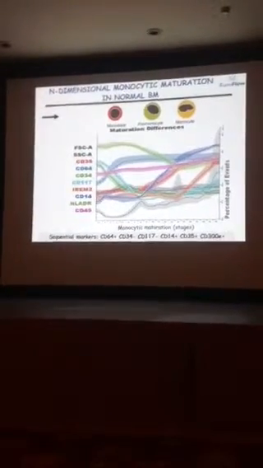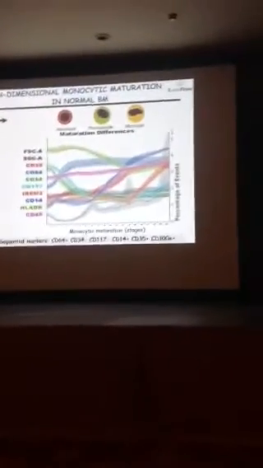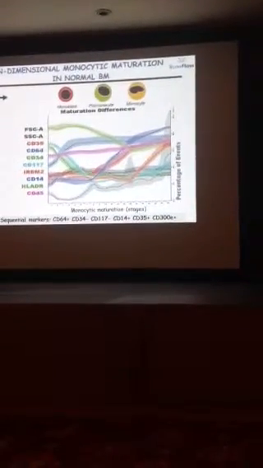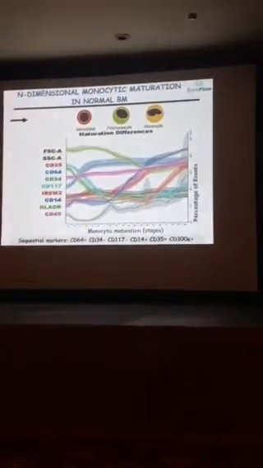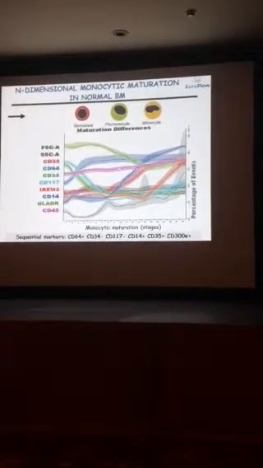So if we make a summary, like we did yesterday, of the bone marrow maturation of cells from the monocytic lineage, this would be the summary. For sure, not all bone marrows are the same. They may show some variation.